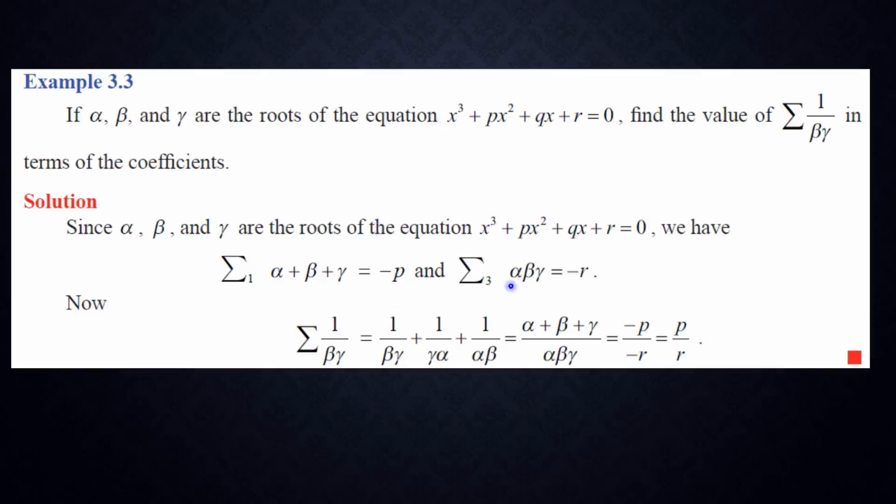Okay, next one is product of the roots, the last one minus d by a. Instead of d we are having r, so minus r by 1, so that is minus r. Next we have to substitute these two values in this equation, then we will get p by r alone. So for this sum, summation 1 by beta gamma answer is p by r.